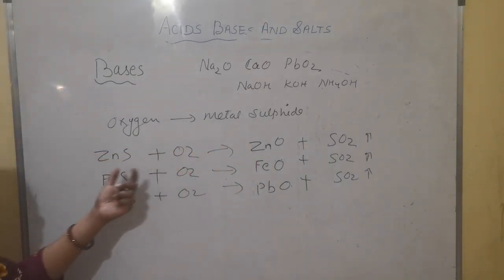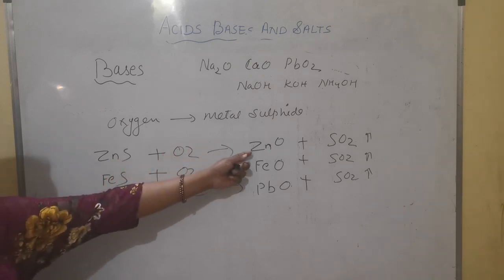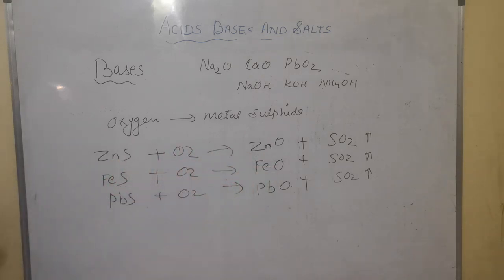By the action of oxygen on metal sulfides, you will get the respective metal oxide, that is a base.